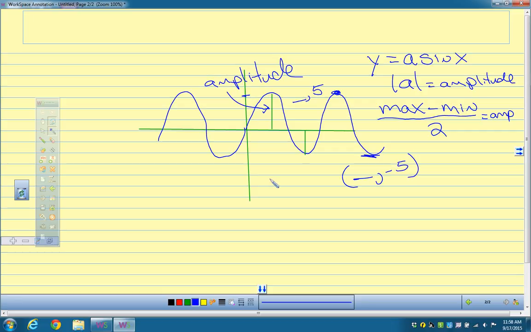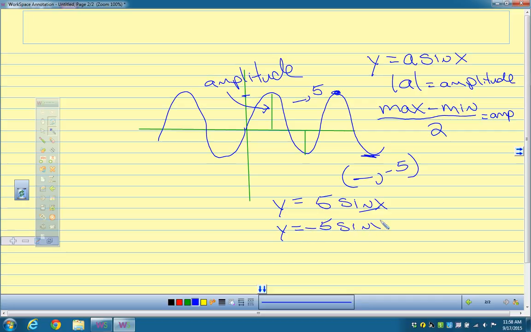So this might be the graph of y equals 5 sine of x. How would I flip that upside down? You guys remember from the lab? What if I did y equals negative 5 sine of x?